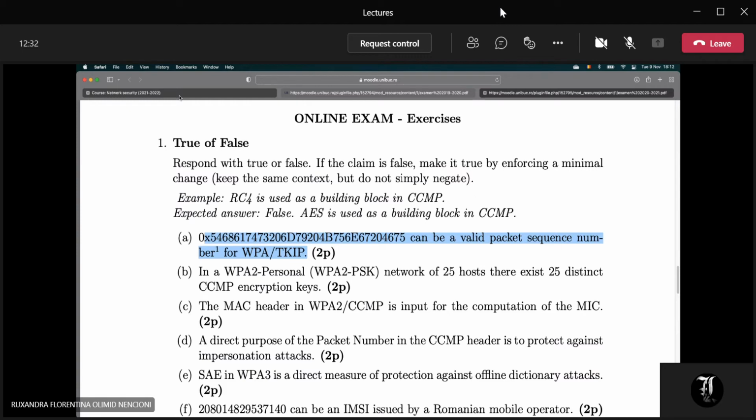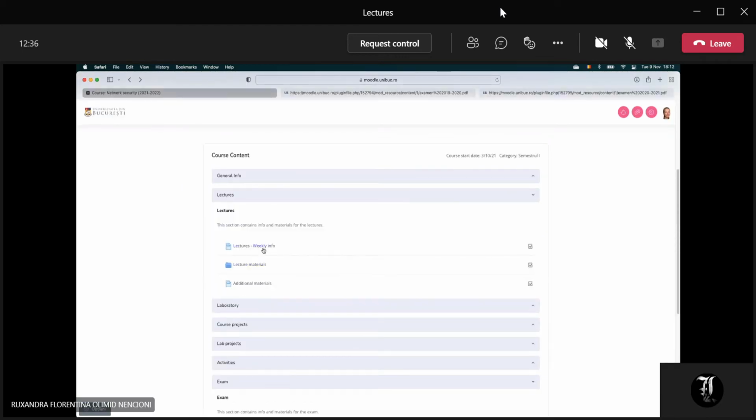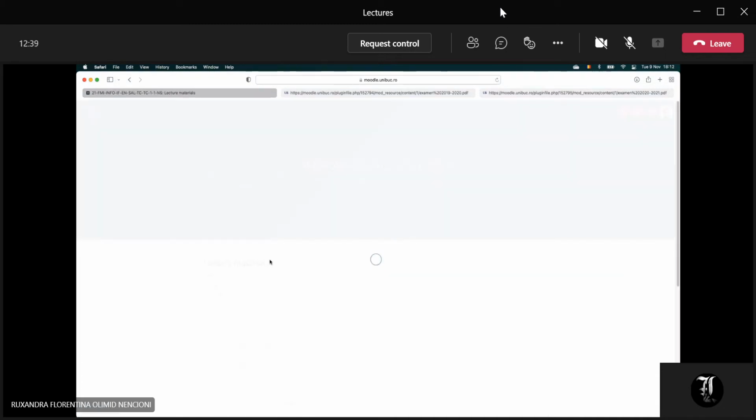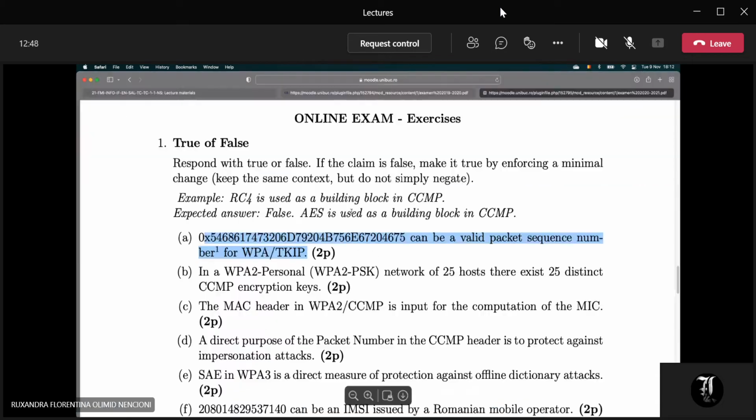And maybe just to be easier, I will also get the slides, because it might be easier even for you to have a look. So who can reply to this? It's false. Okay, why? The packet sequence number is 48 bits, and the hex values here are much longer.